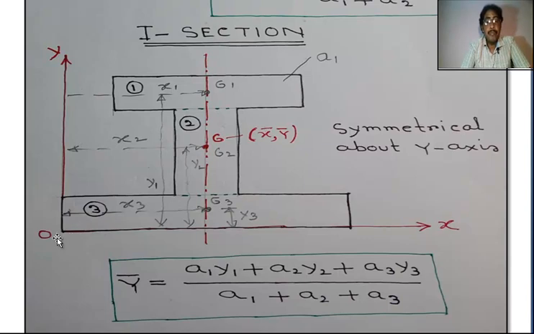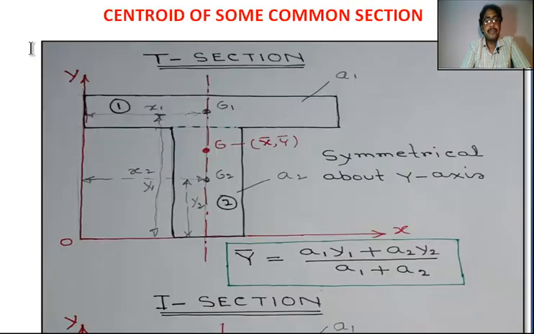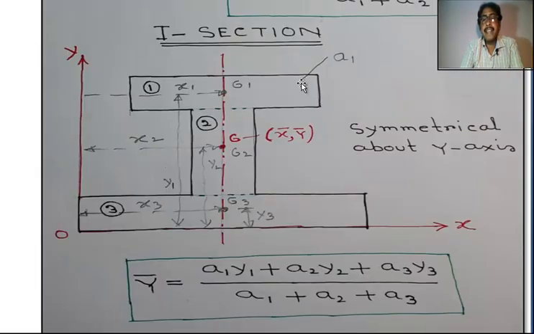First we draw the x-axis and y-axis. Okay, top flange area is A1, top flange centroid is G1, it is marked as number 1.